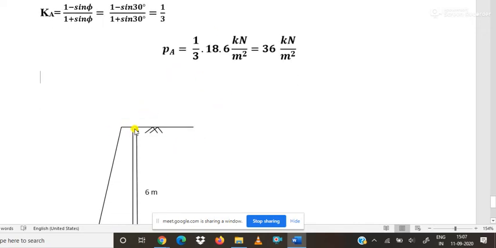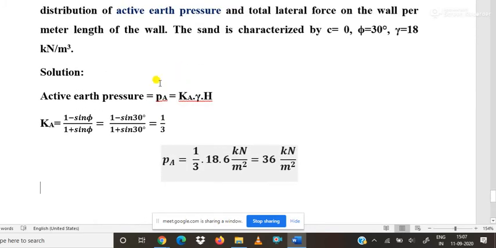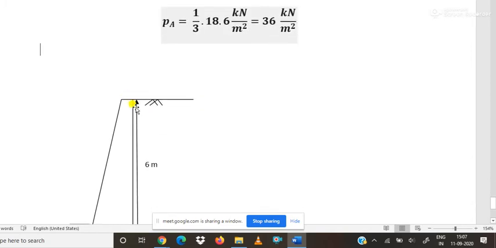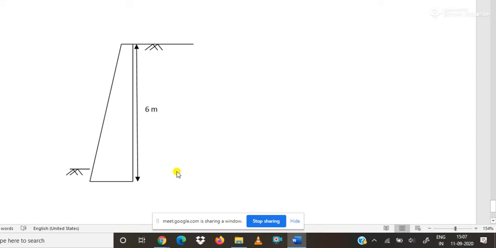At the top of the retaining wall, the value of H is equal to 0, and when H is equal to 0, the value of PA, the active earth pressure, is equal to 0. This is an equation of a straight line, and the value increases directly from 0 to 36.